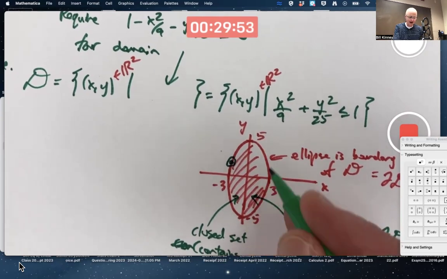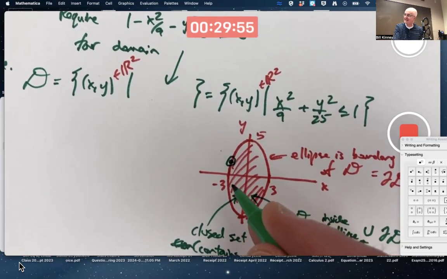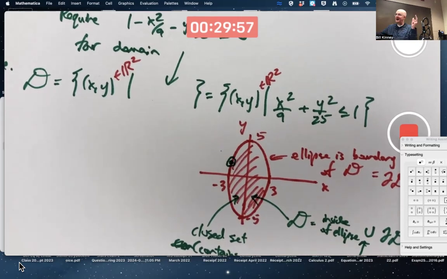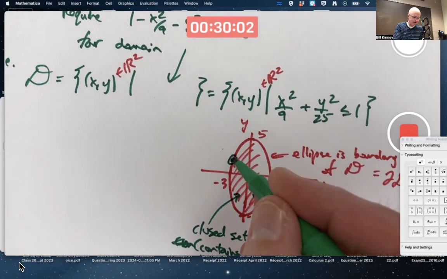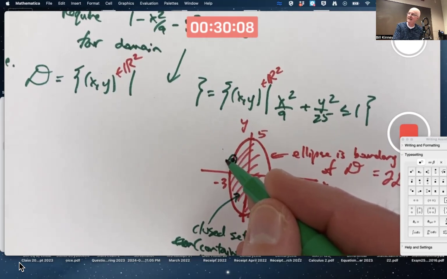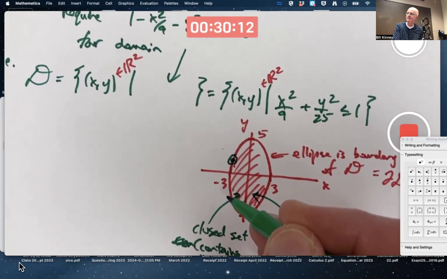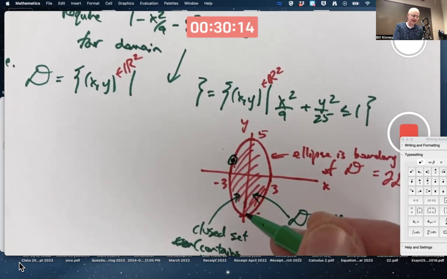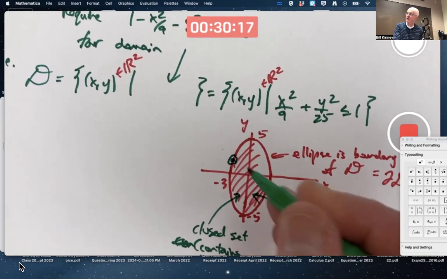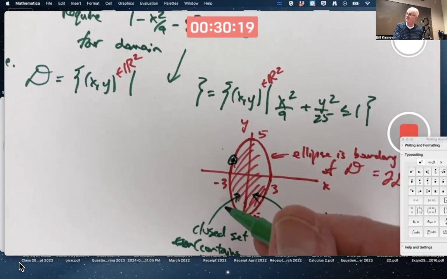Intuitively, the boundary there, that's the ellipse, is like a fence separating the set from the outside of the set. Technically speaking, that means no matter what disk I put around that point, no matter how small, there are points inside the set and outside the set that are in that little disk. Those are the boundary points. And the set overall is closed because it contains its boundary points.